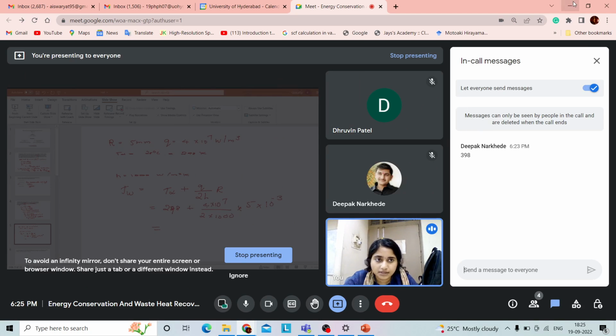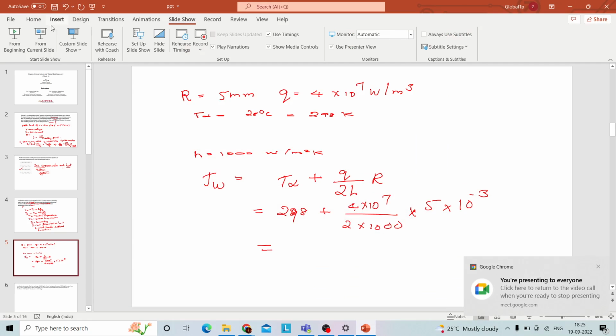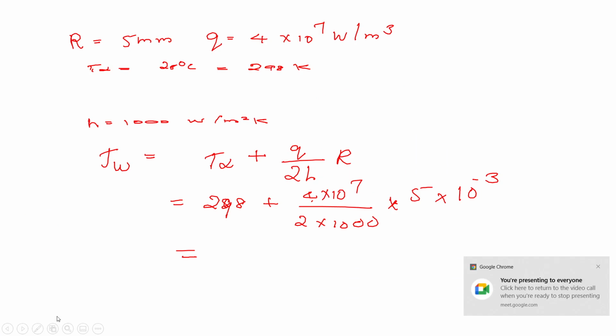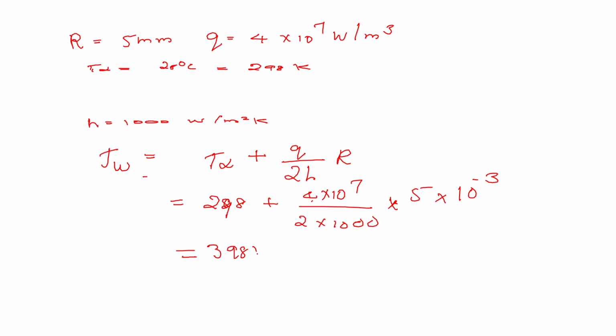Yeah, answer is 398. So if we substitute here, we will get the answer 398 Kelvin. So the surface temperature will be 398.